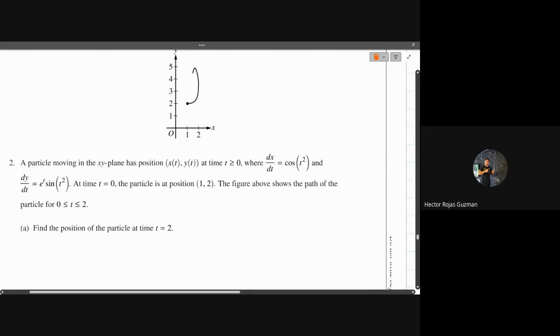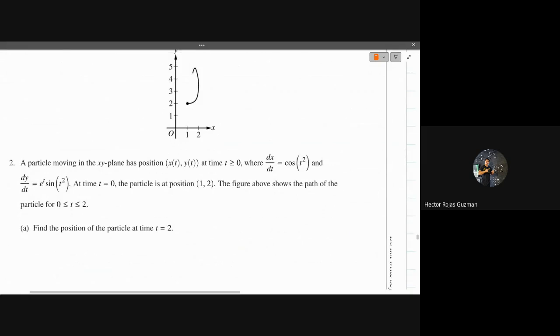And number 2. A particle moving in the xy plane has a position x of t, y of t, where the derivatives are given. At t is equal to 0, the position is 1, 2. So that right there sounds like an initial condition to me. The figure above shows the path of the particle.